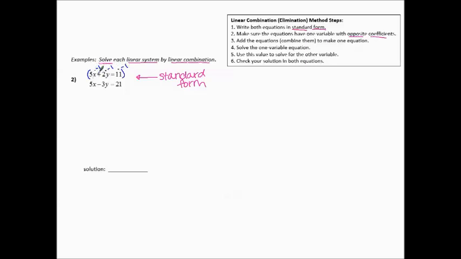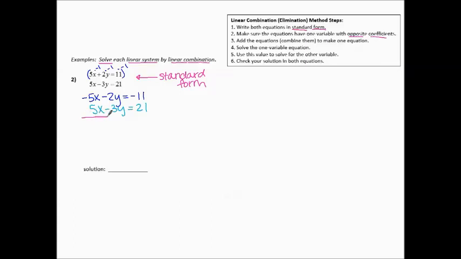This way my positive 5x will become a negative 5x. But that means that each term needs to change as well. So my positive 2y will become negative 2y, and my positive 11 will become negative 11. My second equation remains the same. 5x minus 3y is equal to 21.